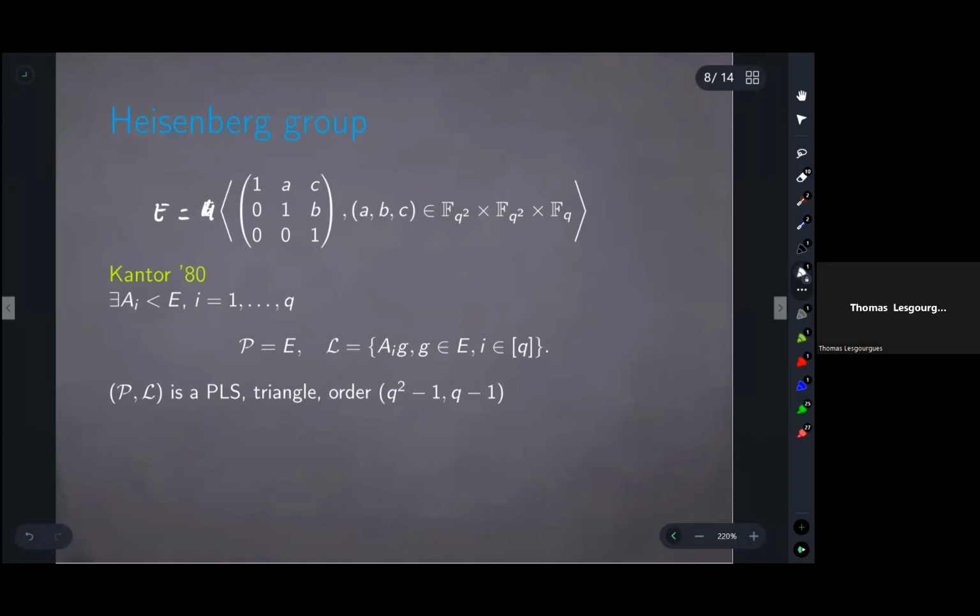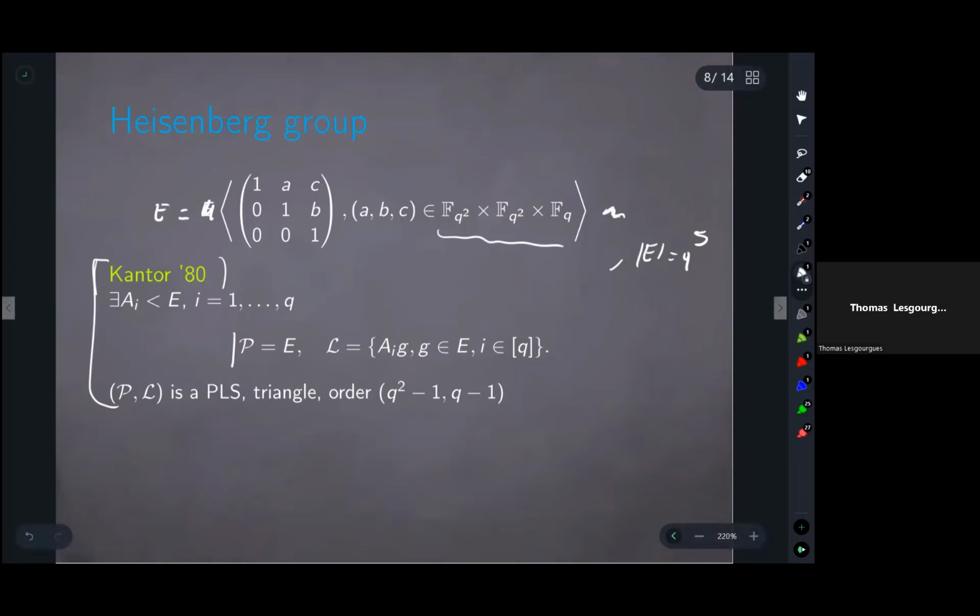And for this, we use a construction by Cantor from the 80s. It's quite well known. We start from the Heisenberg group on a finite field, a specific one of order K^5. So the size here is K^5. I'm going a bit fast because I don't have too much time. But what Cantor proved in the 80s is that there are some subgroups in the Heisenberg group.